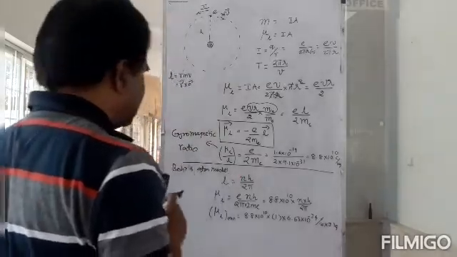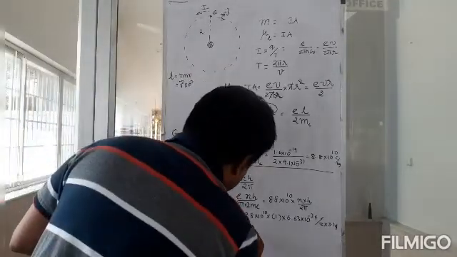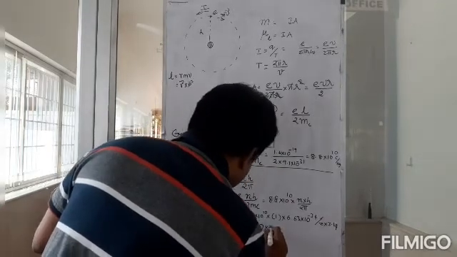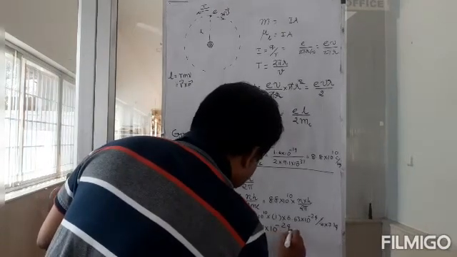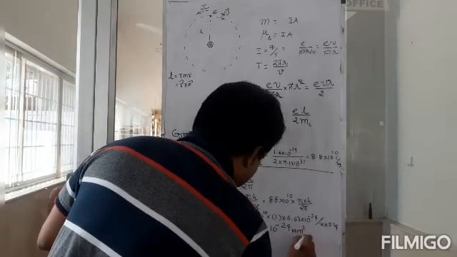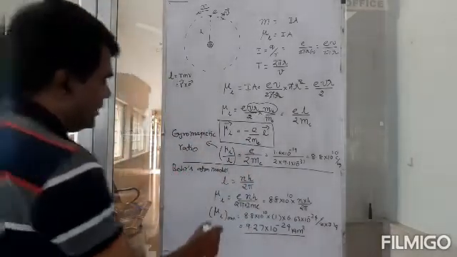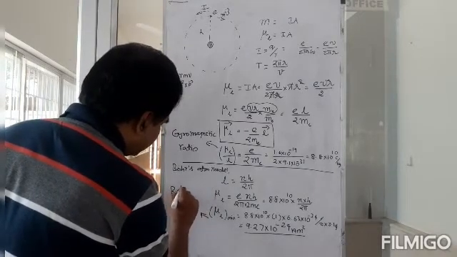So this gives you the value 9.27 into 10 to the power minus 24 ampere meter square. Okay, so this value is called the Bohr magneton.